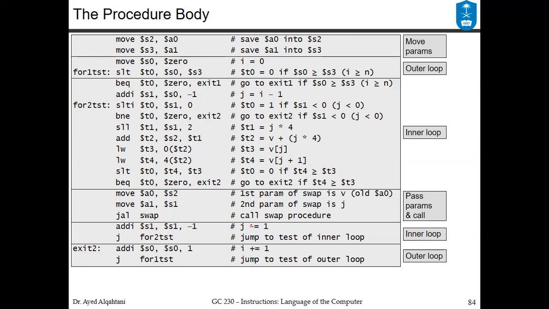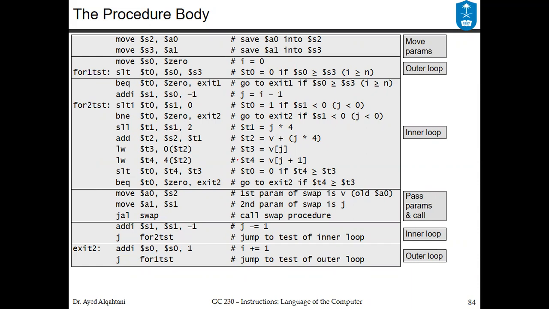So you decrement the J. So notice again, S1 is changing. And then after that, you're done. So you jump to the first or the inner for loop, which is this, and redo it for the next J and so on. Notice that this one will jump here, and this one will jump over here.